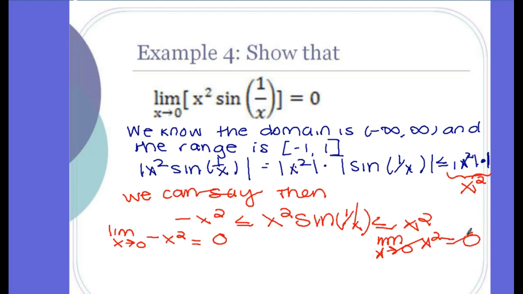So x squared goes to 0. The limit of negative x squared goes to 0. Therefore, the limit of that middle part must also go to 0, because it can't be greater than it, and it can't be less than it, because it lives in the middle of it.